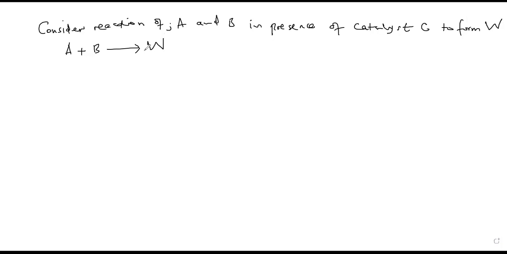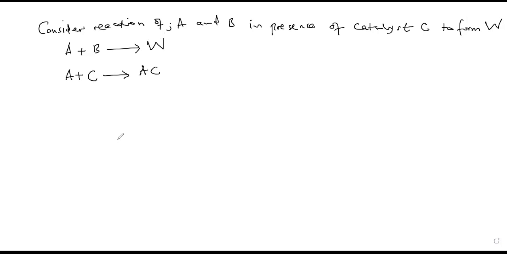But what we are saying is that in this case, a catalyst reacts with one of the reactants to form an intermediate. So maybe A will react with the catalyst C to form a certain intermediate SC.